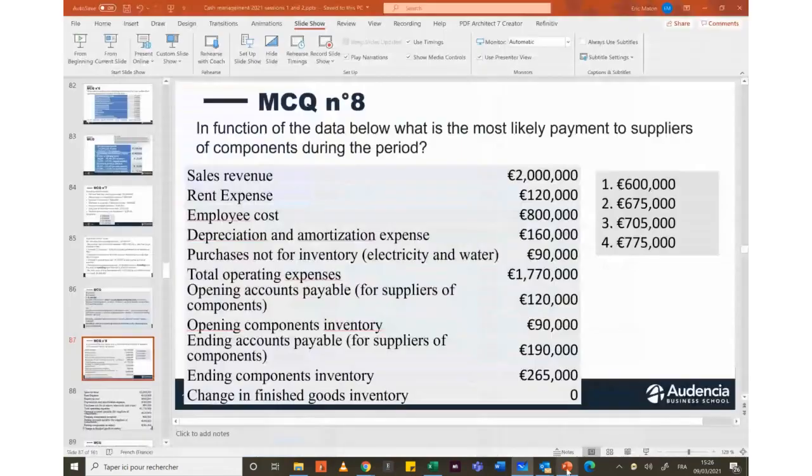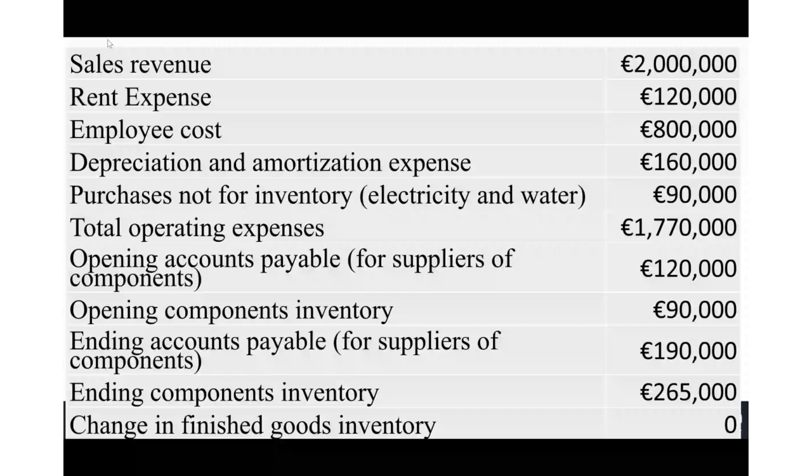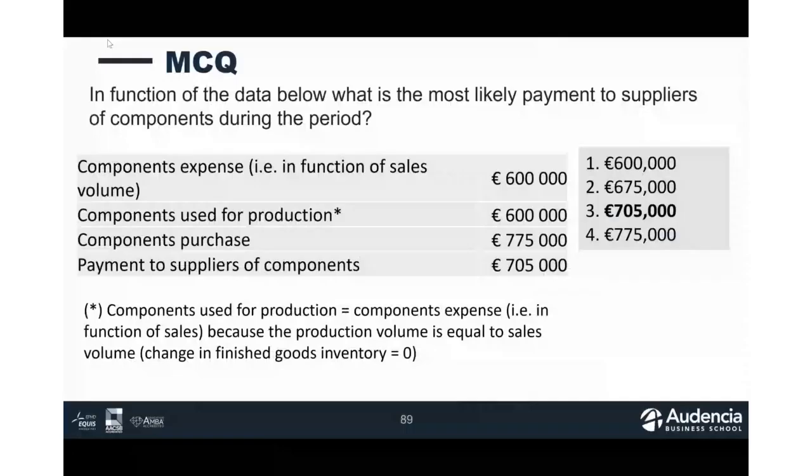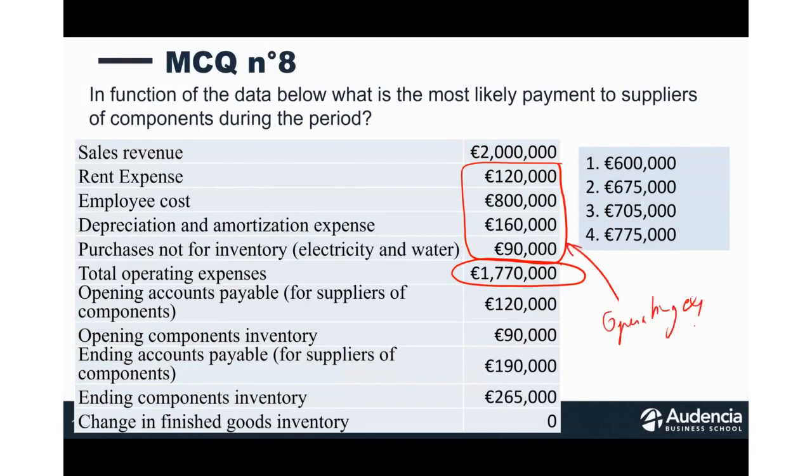So if we go to the correction, we have the component expense. We can find the component expense by difference. So the total operating expense is here. And here we have operating expense excluding components expense. So by difference, we have the rest.